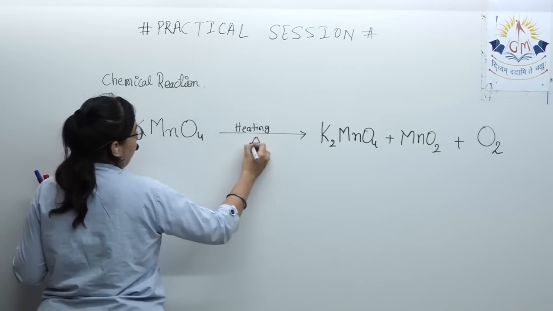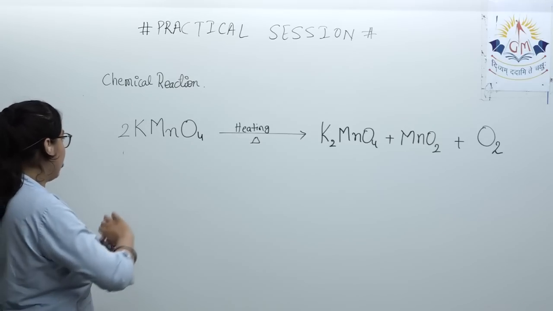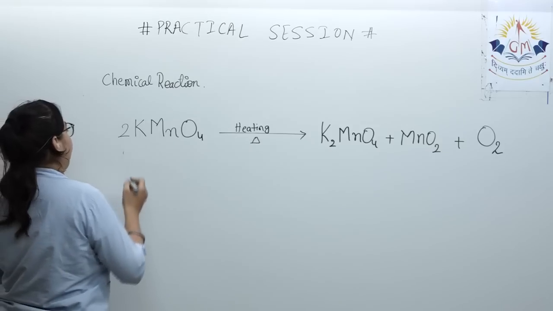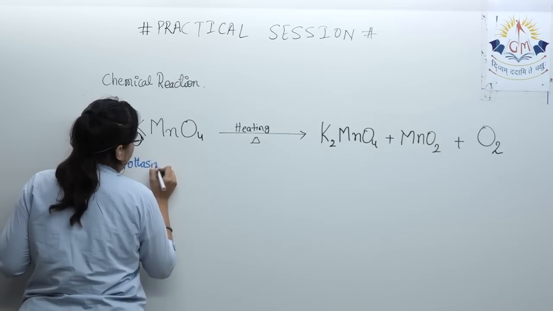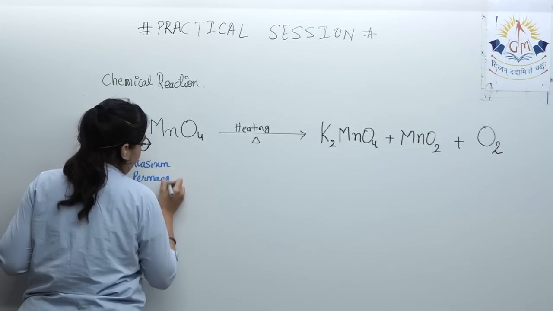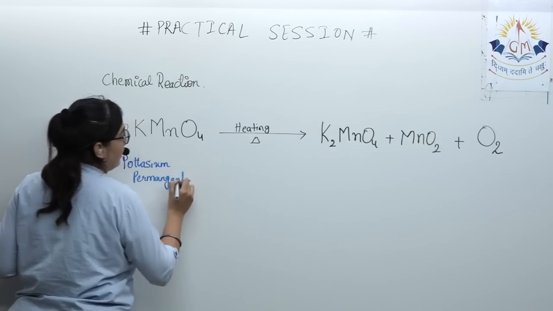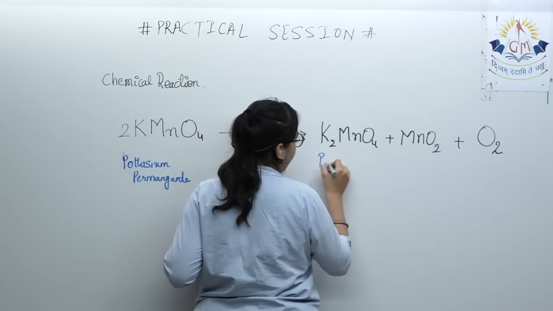We are heating the potassium permanganate and oxygen gas is released. This is potassium permanganate. This is potassium manganate.